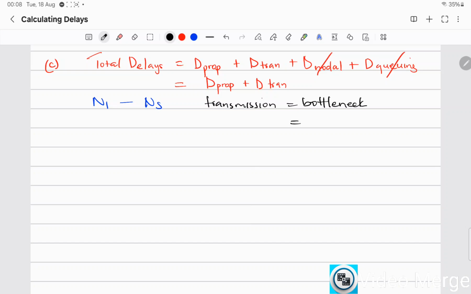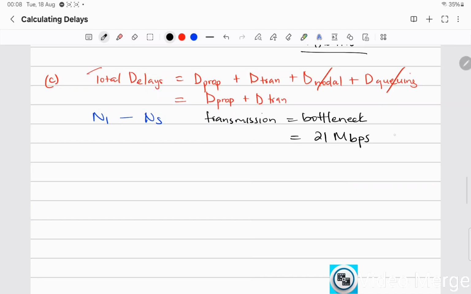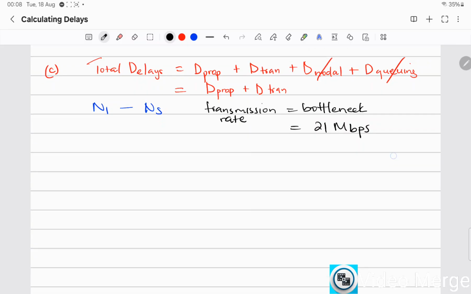In our case, this equals 21 megabits per second. Cool. We have our transmission rate. We need to convert it to delay, because we are actually calculating for delays, right?